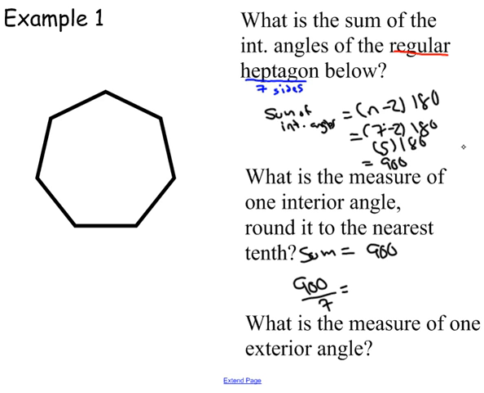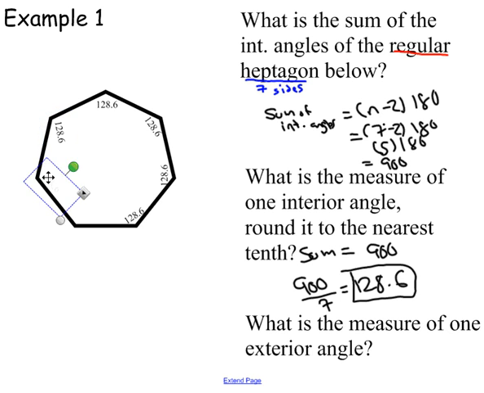Rounded to the nearest tenth, it's going to give us 128.6. So the measure of one of the angles is approximately 128.6. The measure of the interior angles, that is. And of course, all these add up to 900.